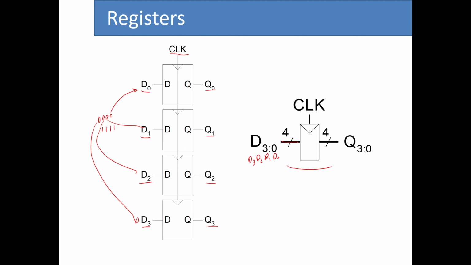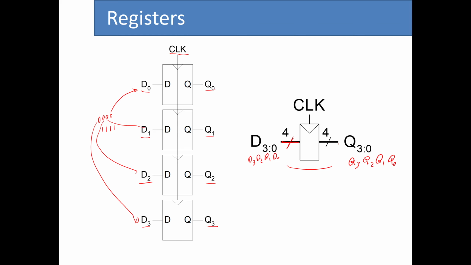We have a bus, which we show with this slanted line, and we write 4 on top of it that represents that this single bus contains 4 lines of information. And for the output, we do the same thing. So we have Q3:0, which means that we have Q3, Q2, Q1, and Q0.